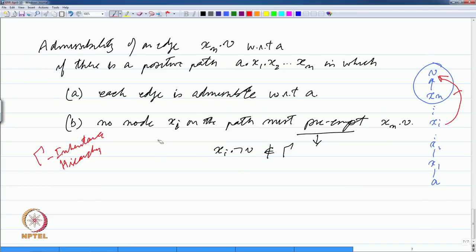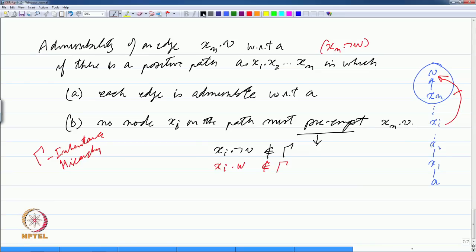If this was a negative edge x n dot not w, then you would just replace this with x i dot w. So, the treatment is identical, whether the last edge is positive or negative, it does not really depend upon that. Basically, there must not be an opposing edge coming from some intermediate node essentially.